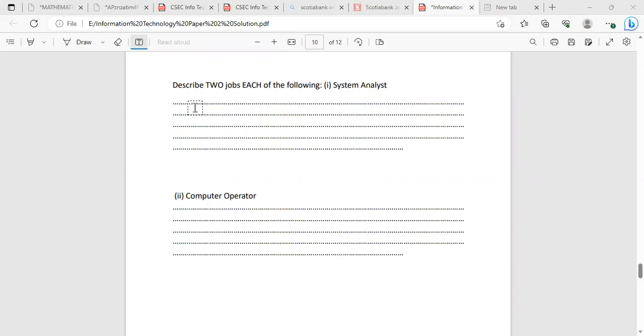a system analyst does this, right? So it performs system reviews. As it suggests, analyze. So it performs system reviews. It can also design information systems.